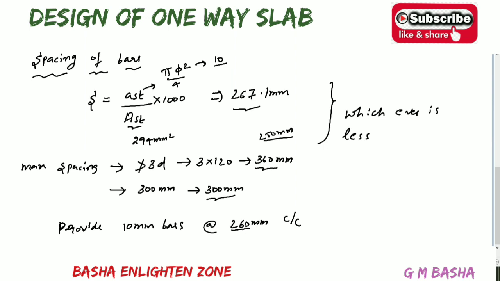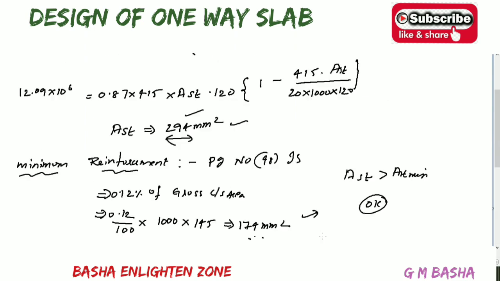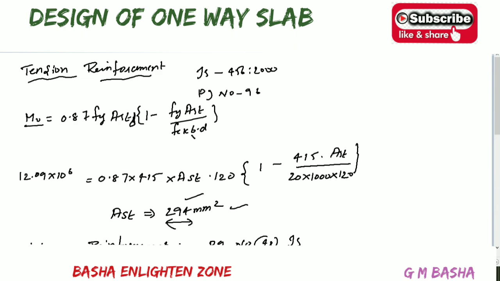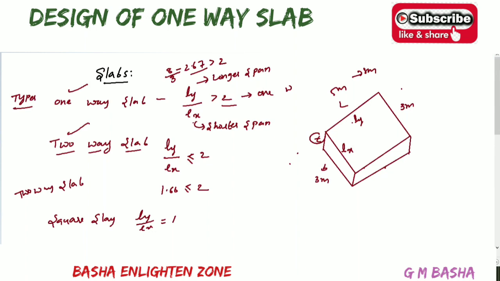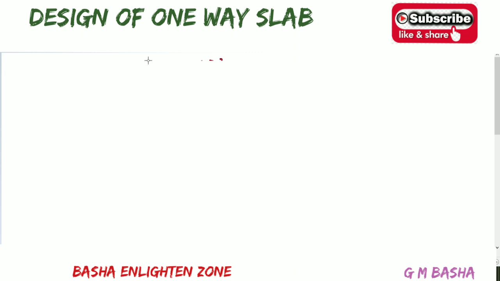Then we have to bend alternate bars at 0.1 L from the face of the support. I will explain that while showing the detailing of the reinforcement. Since we are talking about the one way slab, distribution reinforcement is also important, as I already told you. For a one way slab, we provide main reinforcement as well as distribution reinforcement.